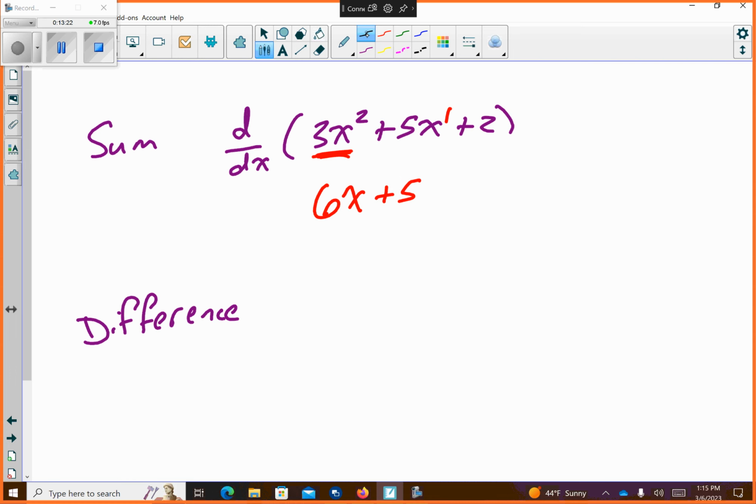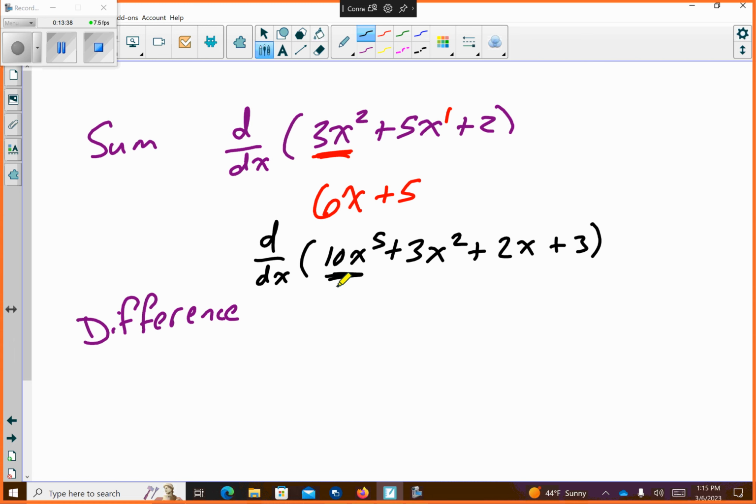So let's do one that's a little bit more in depth. What's the derivative of 10x to the 5th? 50x to the 4th.